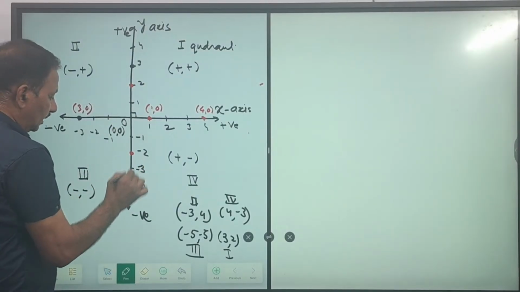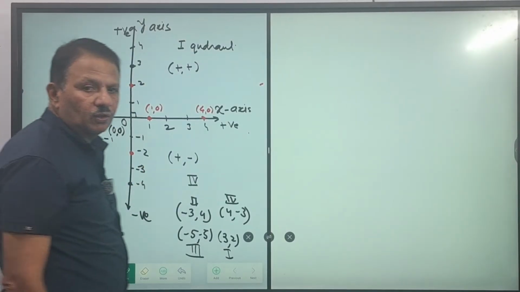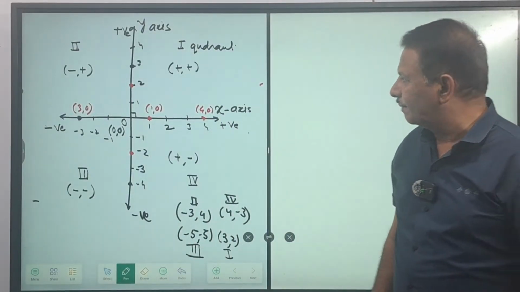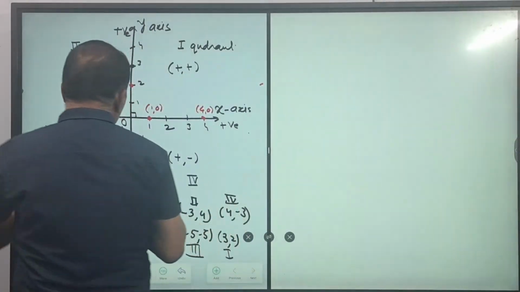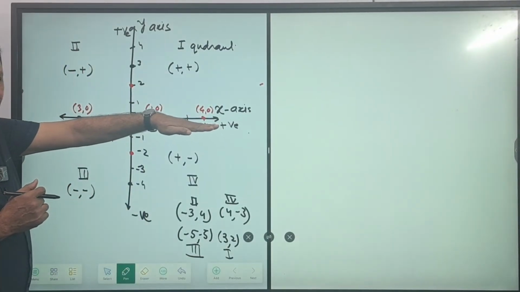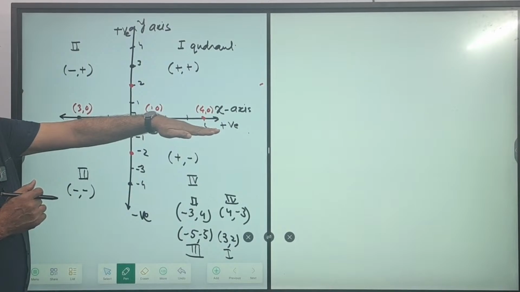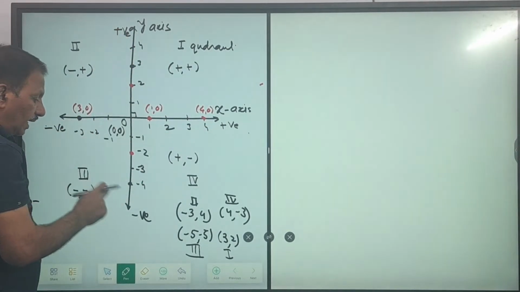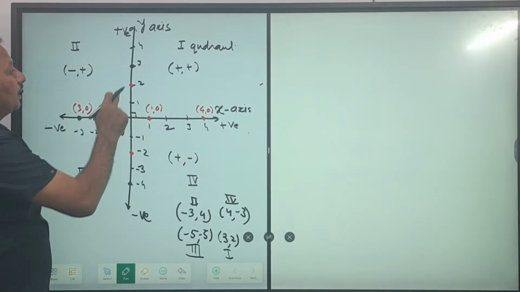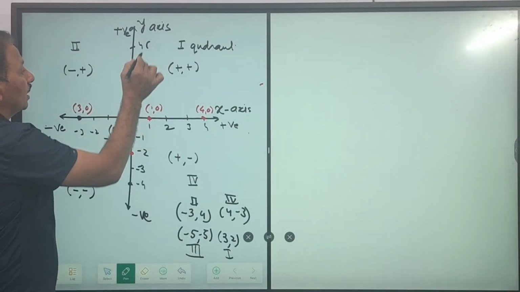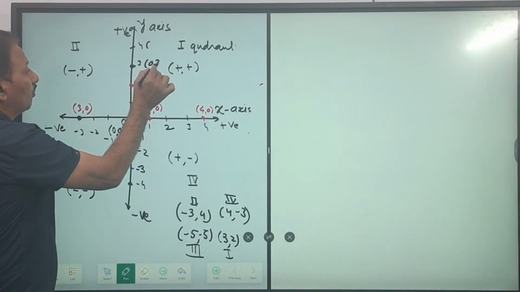For example, ये कुछ points they are on the y axis. इनके कोऑर्डिनेट्स अगर हमको लिखना है तो हम ये लिखेंगे कि एक बात हमने ये बताया कि those points which are lying on the x axis, their y coordinate is 0, whereas those points which are lying on the y axis, their x coordinate will be 0. तो हम इनके कोऑर्डिनेट्स लिखेंगे 0, 3.